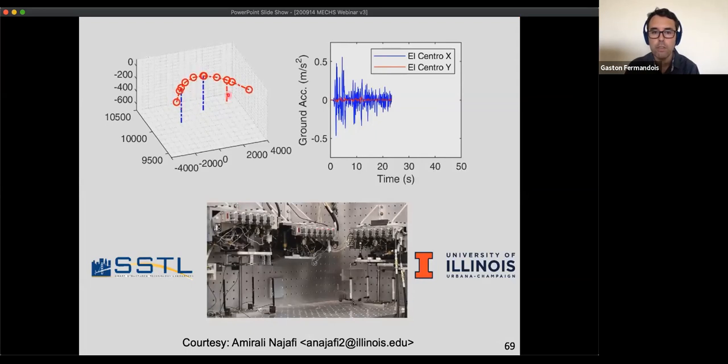Meanwhile, the blue lines show the position of each specimen in the laboratory. So this is an earthquake with both components of ground motion, the principal direction and the orthogonal direction. No vertical acceleration was imposed in this test.